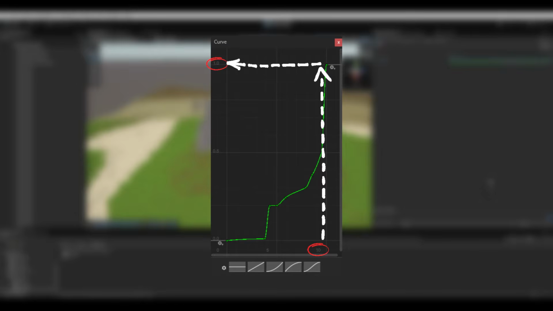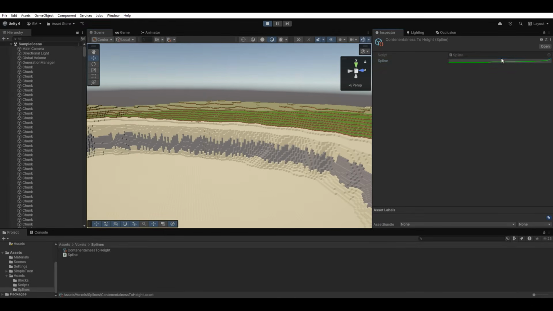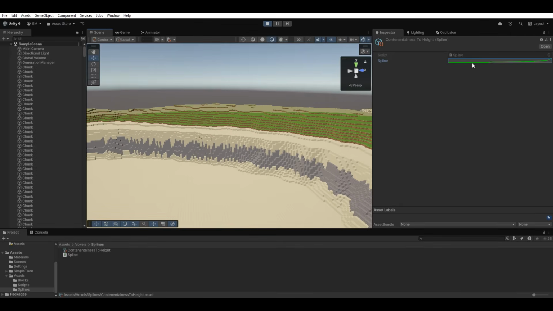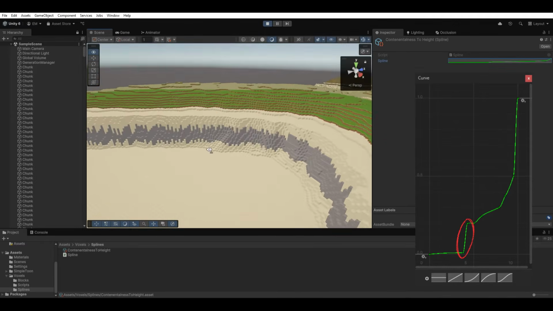So 0 gives us a height value of 0. As you can see, this is basically how beaches are made, where we start off, we get values that are pretty low, and then if we get a Perlin noise return value of around 5, we jump up suddenly, which gives us this coastline.